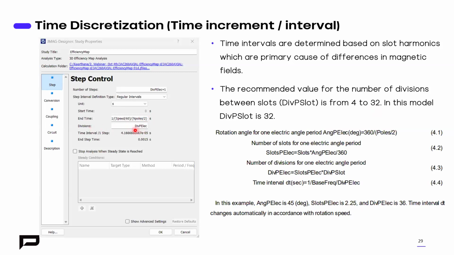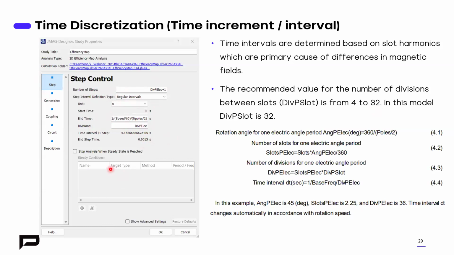Divisions is also an arbitrary value, and it is already built in JMAG Designer. So the number of steps will always be divisions plus 1. The step interval definition is a regular interval, and the unit is in seconds. The end time is obviously 1 by f.